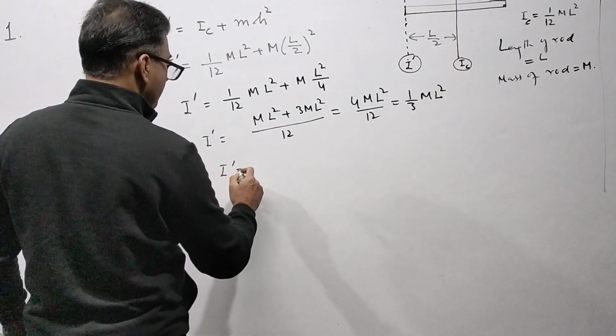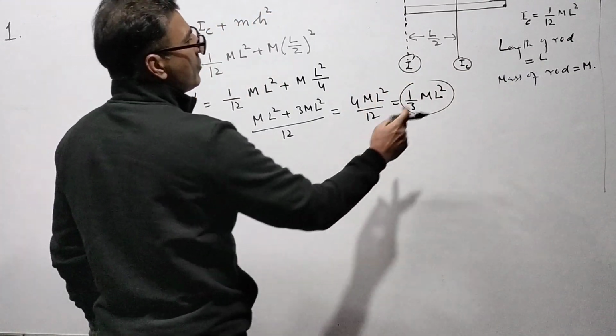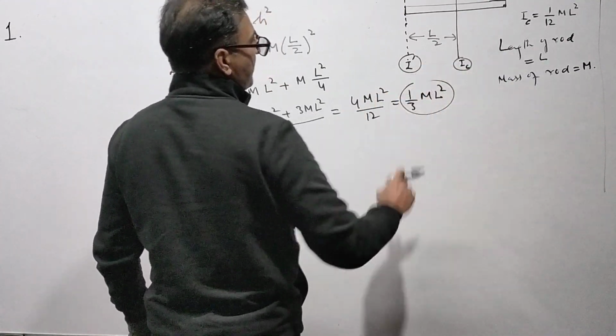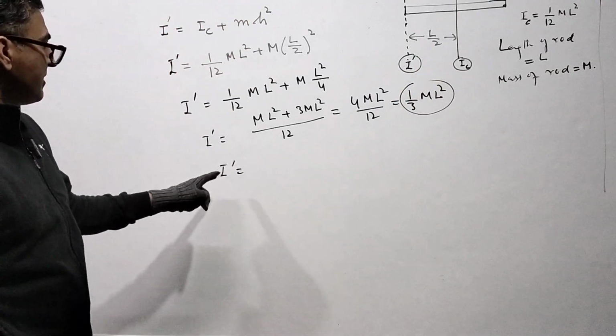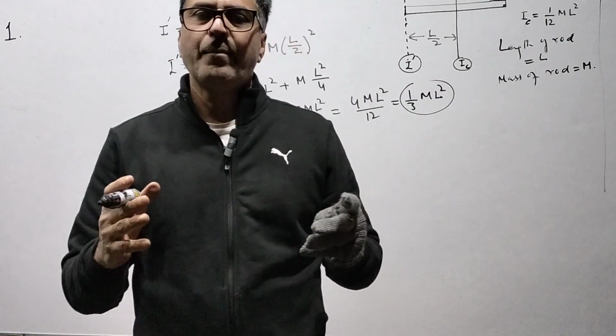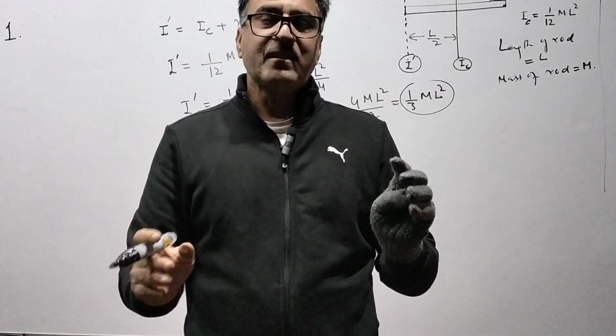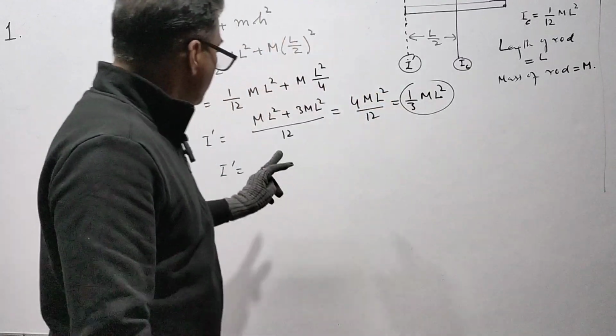So for I prime, we got the value in terms of ml square. Suppose we need to get the value in terms of IC. How many ICs is I prime? If we are to find the moment of inertia of the rod about the end axis in terms of IC, what should I do here?